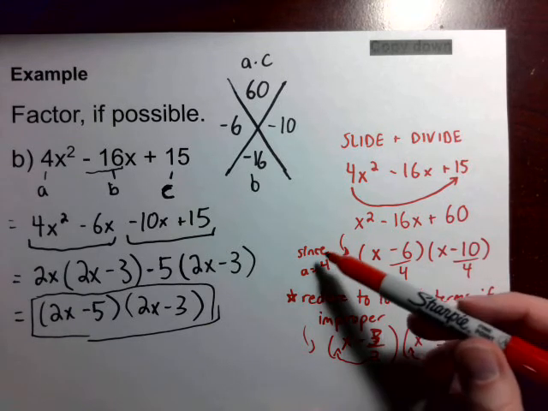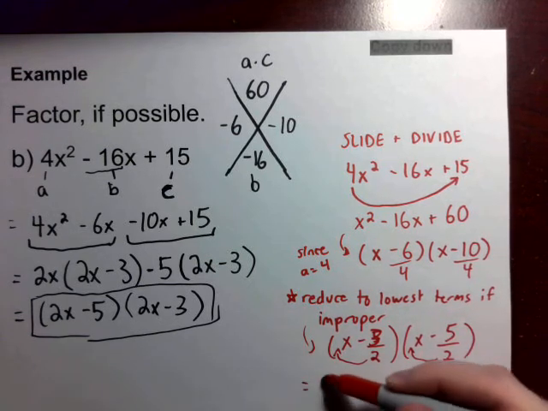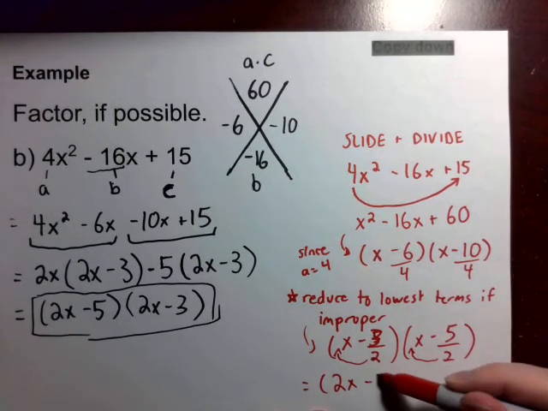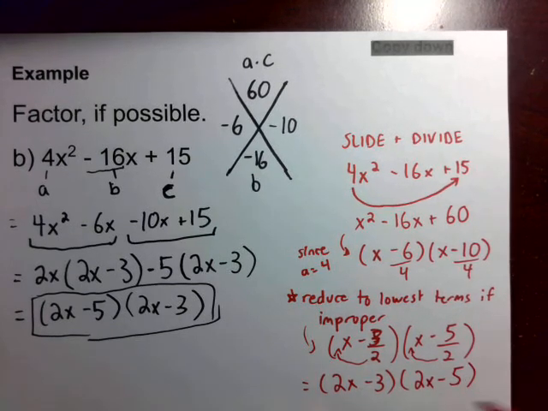So here's the divide part, and now here's the slide part. So we'll finish up with 2x minus 3 times 2x minus 5. And once again, that's going to be our final answer. So both strategies can get you to the same final answer. You just have to pick which one you're more comfortable with.